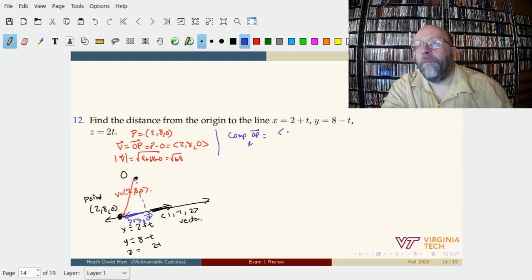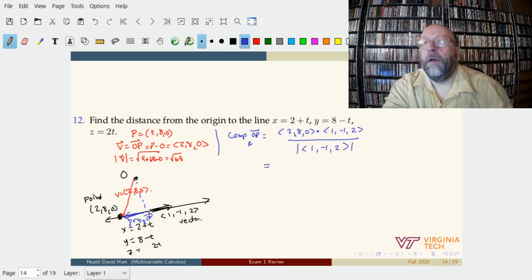So it's 2, 8, 0 dot product with 1, negative 1, 2 divided by the magnitude of the line vector. So this dot product is 2 minus 8 is negative 6 plus 0 over square root of 1 plus 1 plus 4, over the square root of 6.